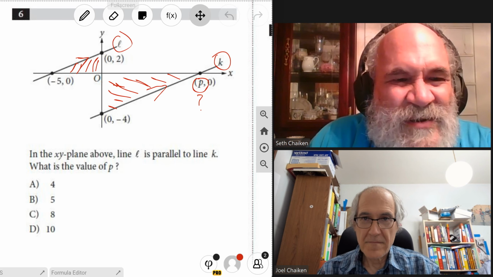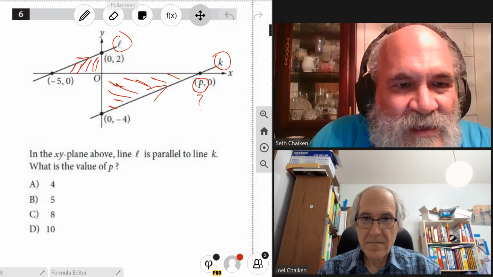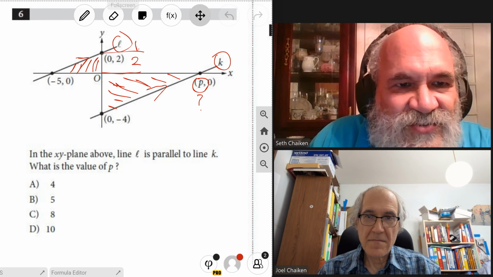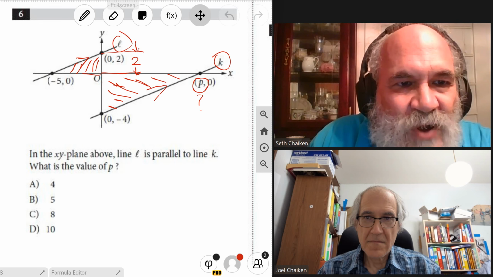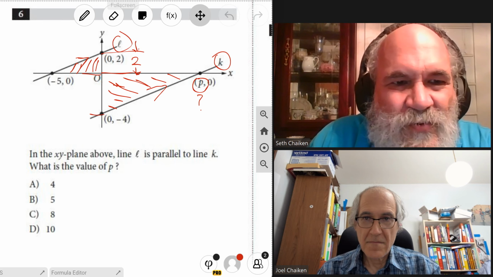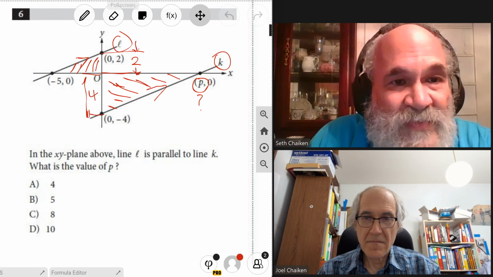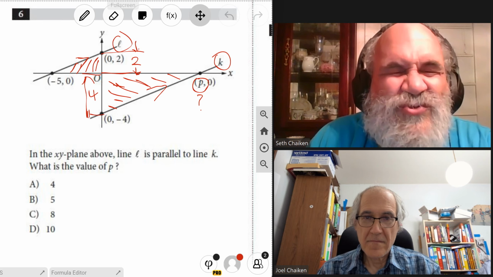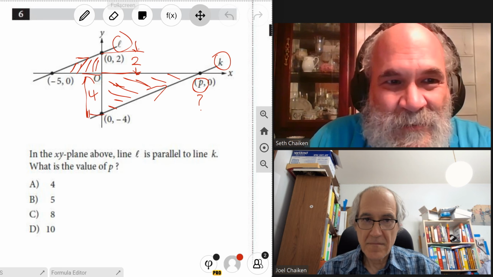Look at the coordinates. The length of the side from here to here is 2. The side going downward, from 0, 0 to -4, has length 4. So, lo and behold, the big triangle is twice the size of the small triangle.